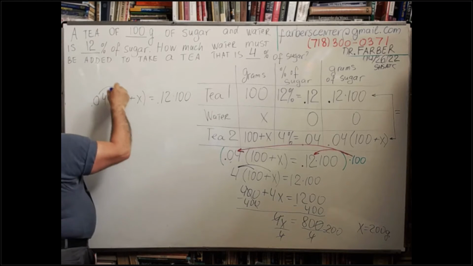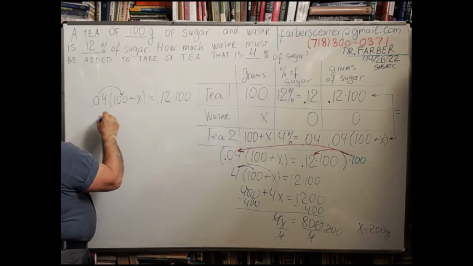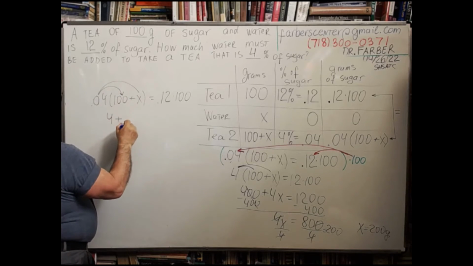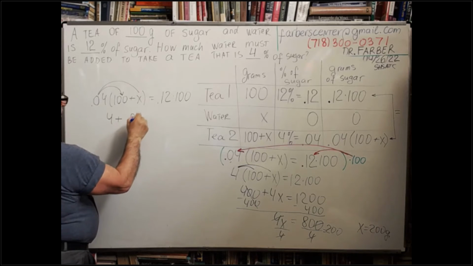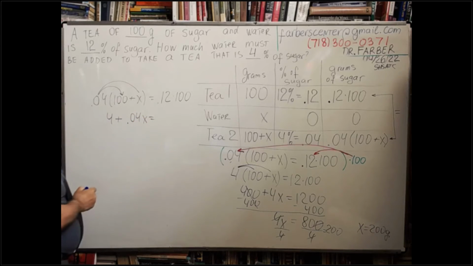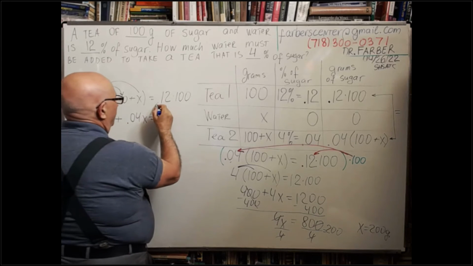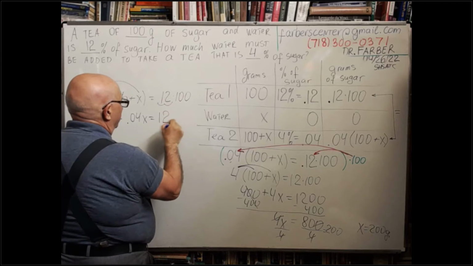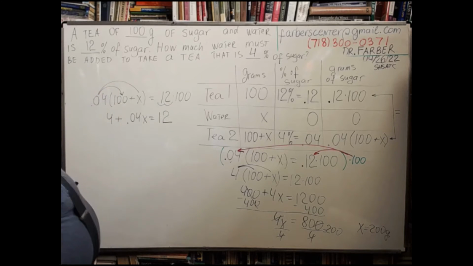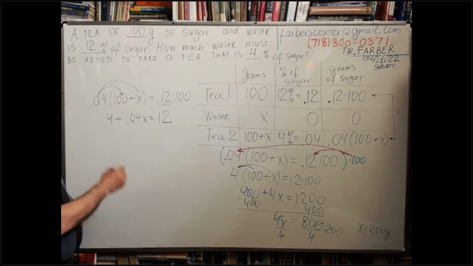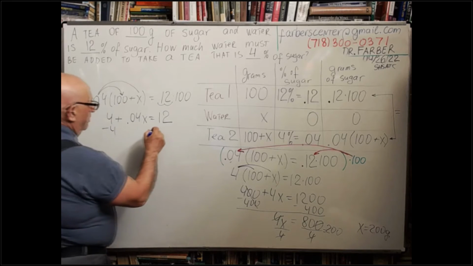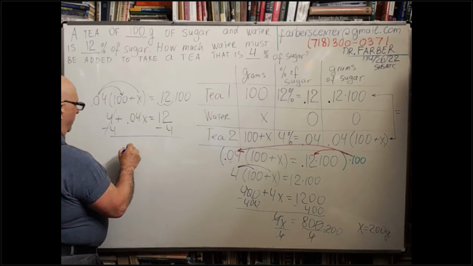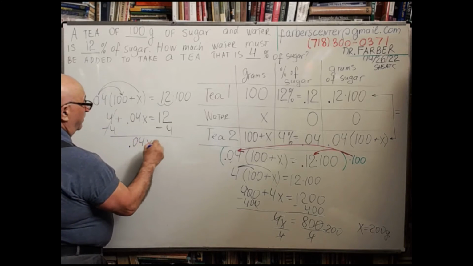Look at this. 0.4 times 100 is 4, plus 0.04x, equals 12. I just separated with decimals. Now, what happens? Minus 4 and minus 4 cancel out. 0.04x equals 8.